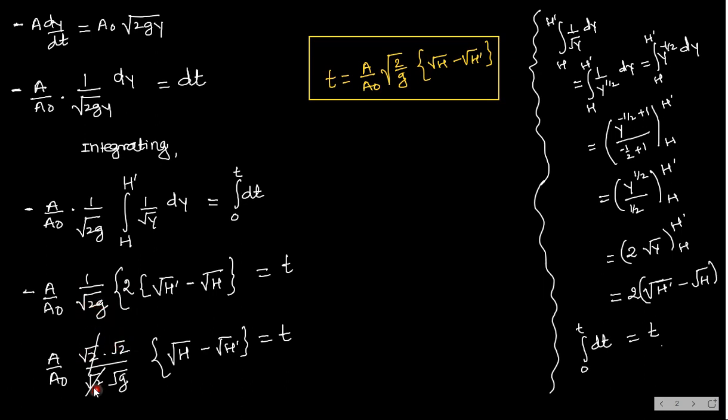And this root 2g I wrote as root 2 into root g. Due to this minus sign, initially root h dash minus root h was there, it will become reversed: root h minus root h dash. This minus went inside. And now this root 2 and root 2 cancel. Now this root 2 by root g I wrote as root 2 by g. Clear? Yes, sir, clear. Thank you, sir.